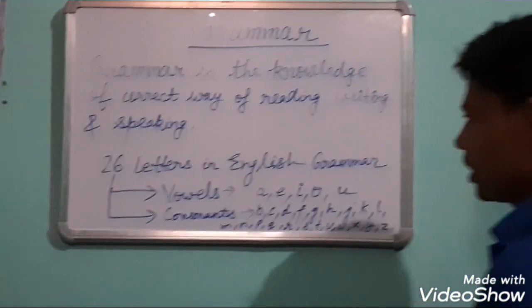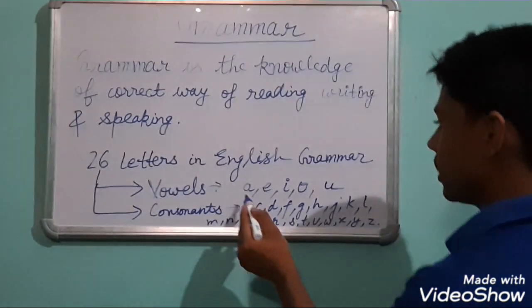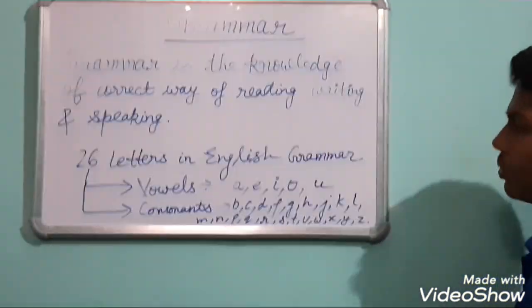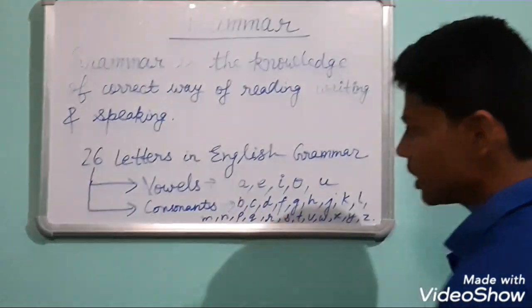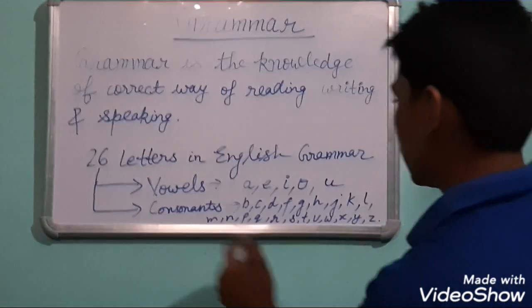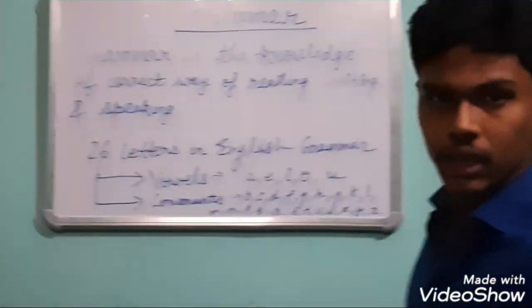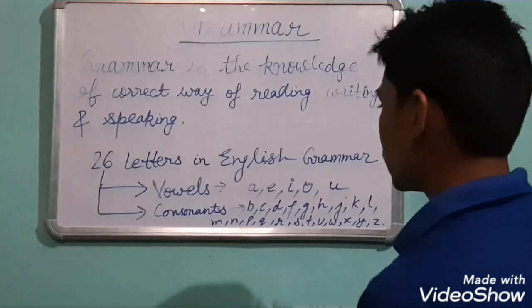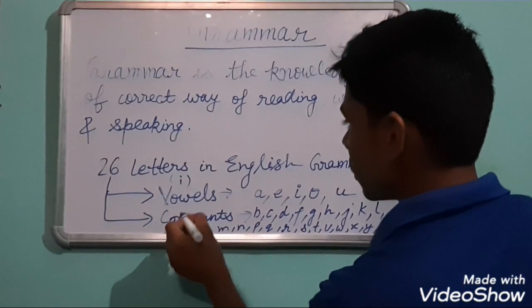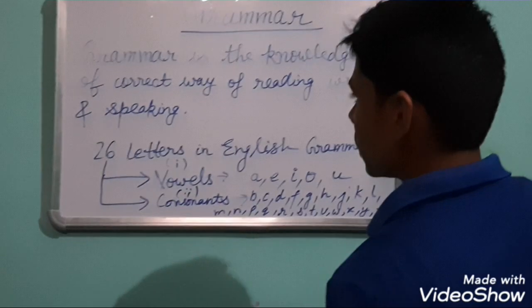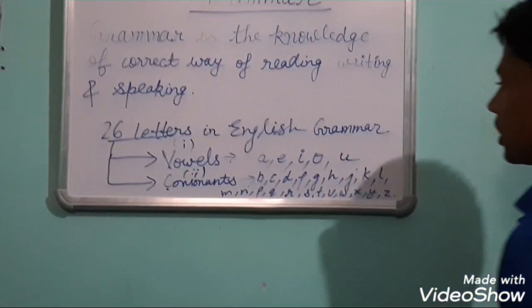Vowels: if any of the sound is represented by these letters A, E, I, O, U, then those will be called vowels. Now consonants: except these letters A, E, I, O, U, others are called consonants. So vowels are first, consonants are second. These 26 letters are divided into vowels and consonants.